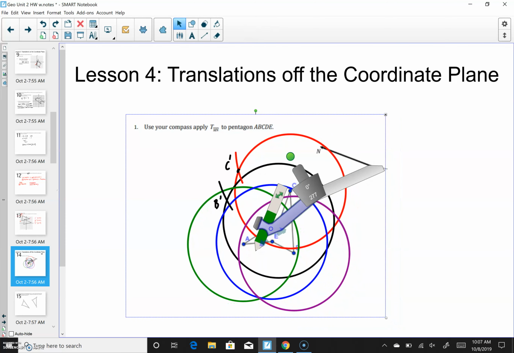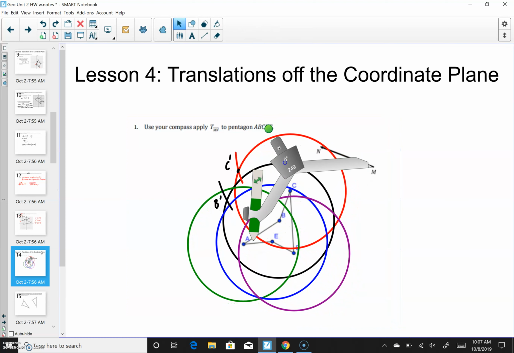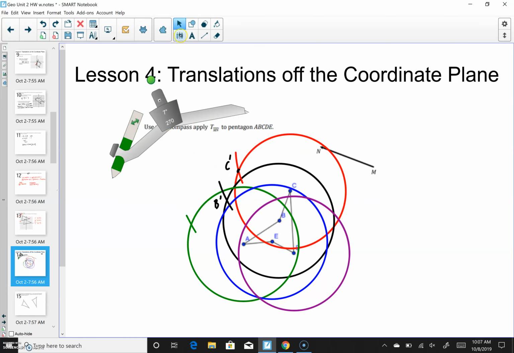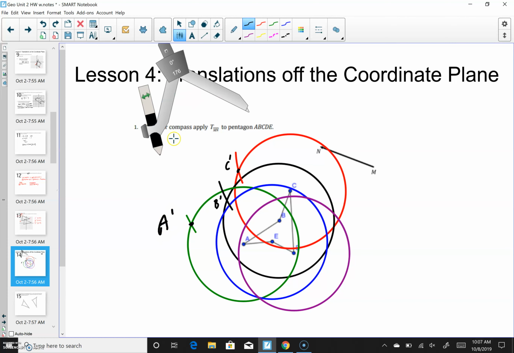Shrink it just a little bit, and now we should be able to match up that end point of M with point A. There we go, that's better. So again, we're not going to make our circle, we're going to slide it across so that the intersection is on point N. We get our point, and there is going to be A prime.